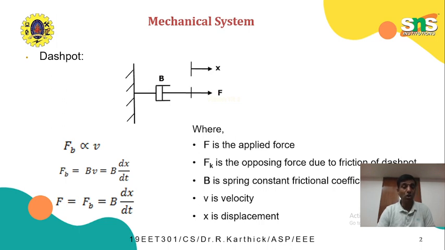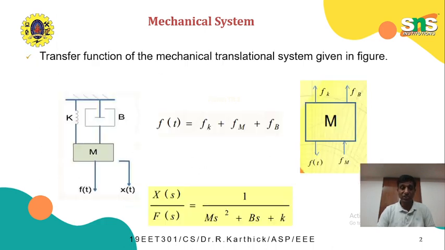By applying Newton's law, we get the applied force F is equal to the opposing force Fb, which is B into dx by dt. Here, F is the applied force, Fb is the opposing force due to the friction, B is the frictional coefficient, V is the velocity, and x is the displacement. So these three elements form the basis of modeling of any mechanical system.